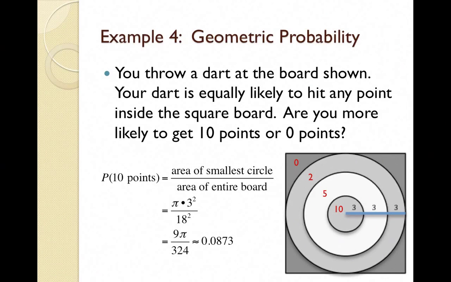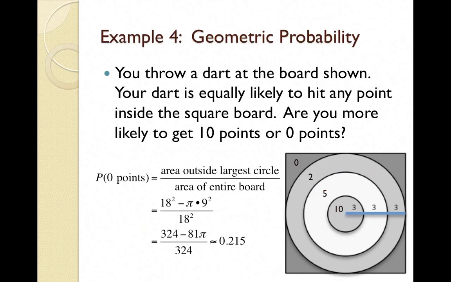Okay, now let's figure out the area, or excuse me, the probability of getting 0 points. 0 points happens if I hit one of these corners. So in order to find the area of those corners, I'm really taking the area that is outside of the largest circle.